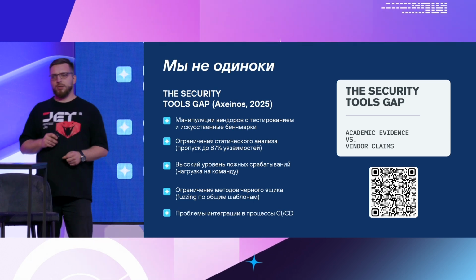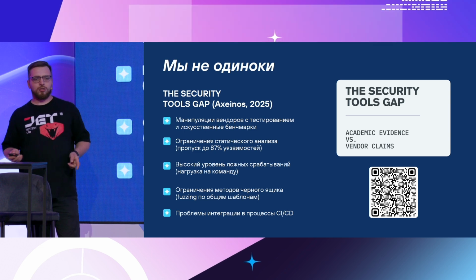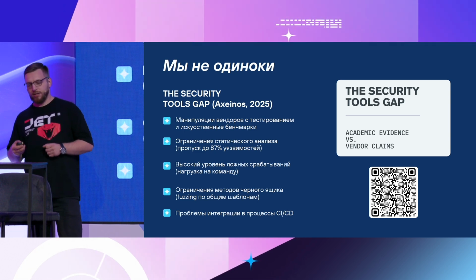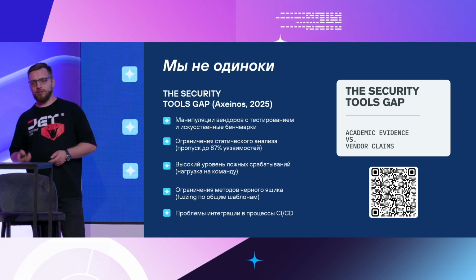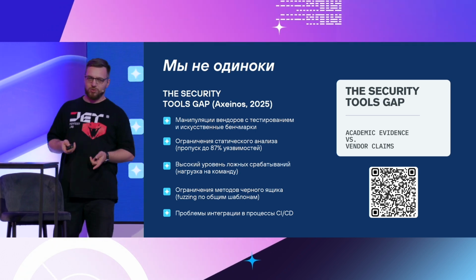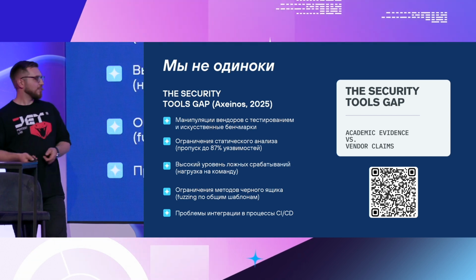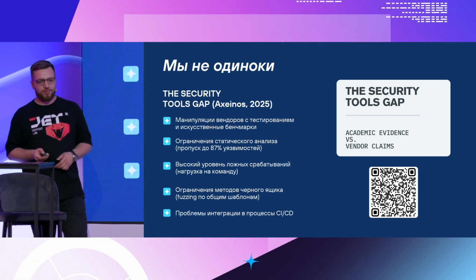And there is the problem of integration. It often happens that when we implement commercial secure development tools, such tools block at integration, no matter how strange it may seem. It happens.